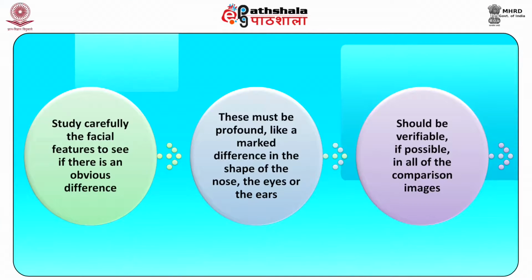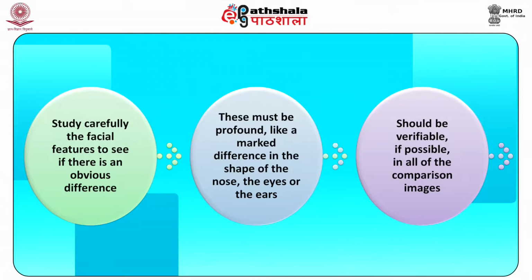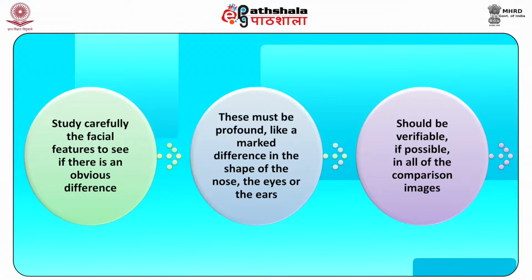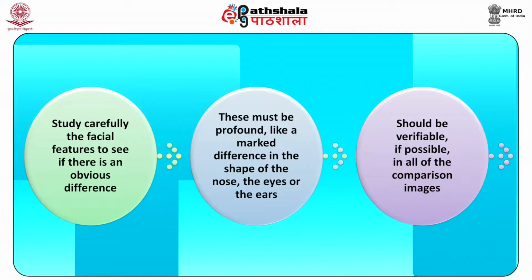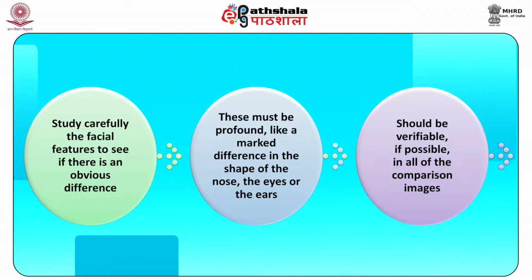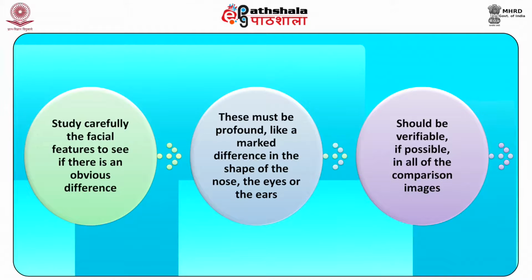The first action is to study carefully the facial features, or the facial morphology, so as to see if there is any obvious difference. These must be profound, like a marked difference in the shape of the nose, the eyes or the ears, and should be verifiable, if possible, in all of the comparison images.